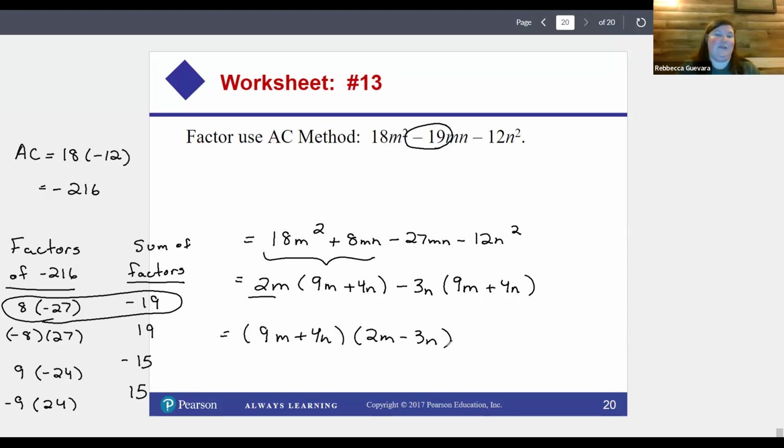All right, and that was how I figured out that last one, is I just did the AC method, and then like I said, I kind of cheated here on my factors. I wanted to know which ones are close enough to potentially give me a negative 19. So I just took negative 216 and I started dividing. Divide by 6, 6 and 36 weren't close enough.